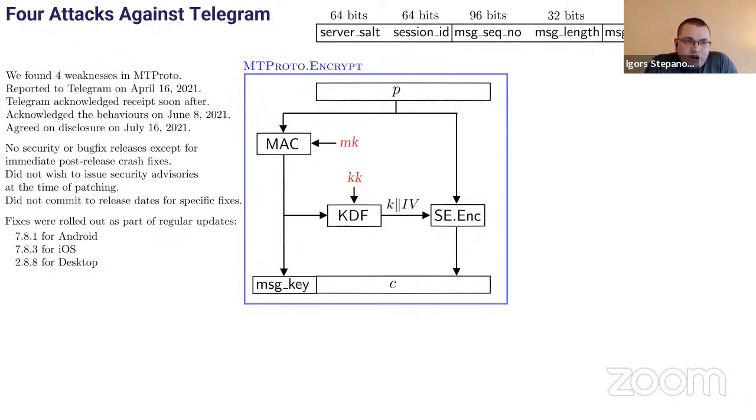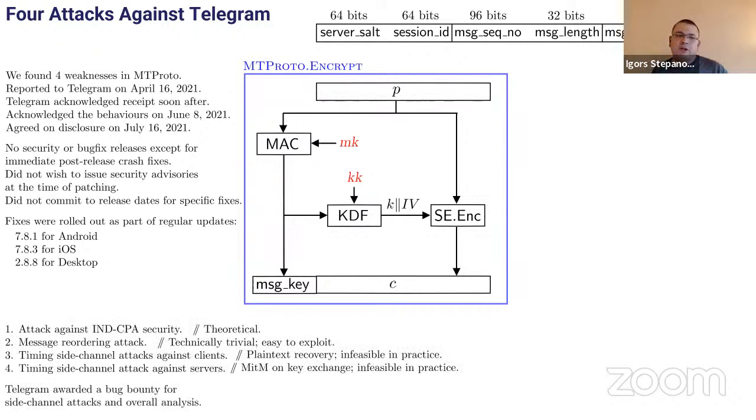Telegram told us that they do not do security or bug fix releases except for immediate post-release crash fixes. They did not wish to issue security advisories at the time of patching, and they did not commit to any release dates for specific fixes. And so eventually they rolled the fixes as part of regular updates in version 7.8.1 for Android, 7.8.3 for iOS, and 2.8.8 for desktop.